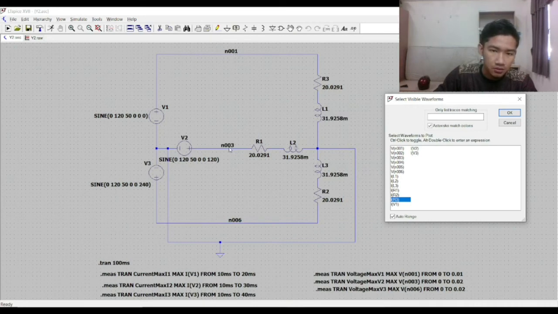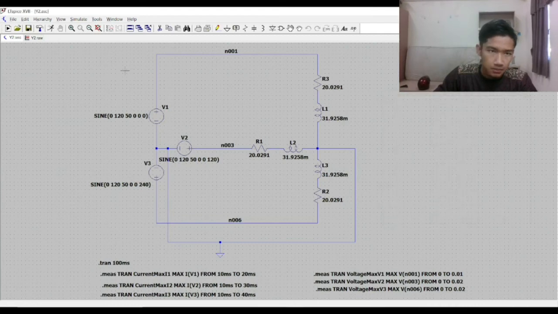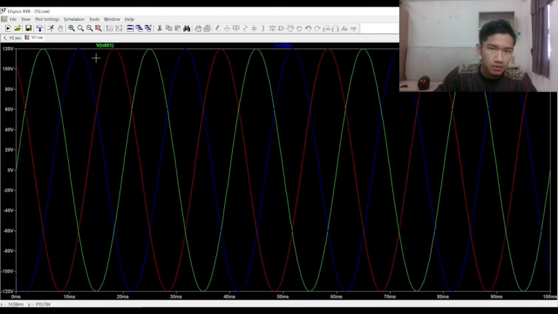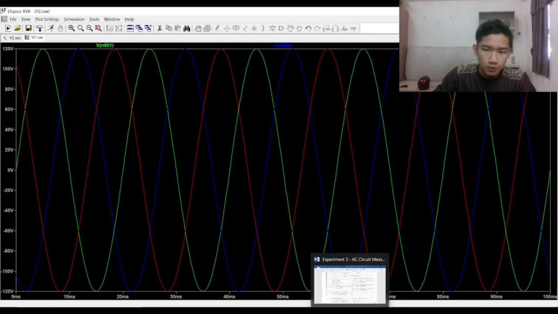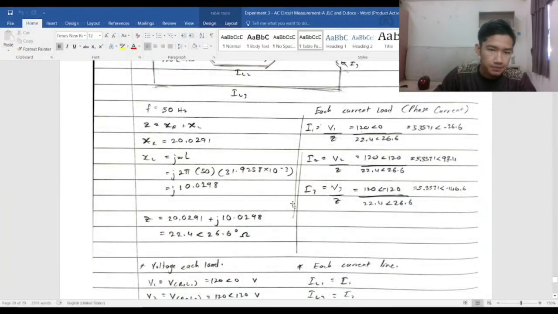So we'll do N001, N003 and N006. Okay, this is the result. The max voltage for all these three probes is 120. So then we will go to the manual calculation.